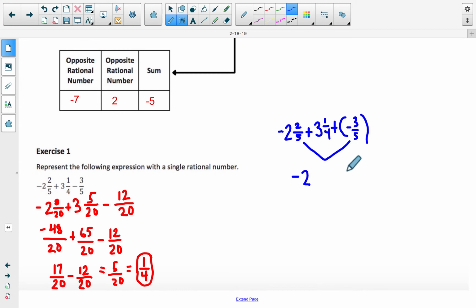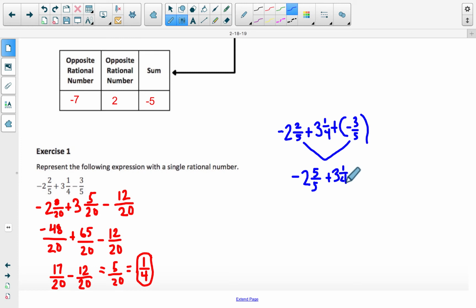So this entire number, the 2/5 and the 3/5, gets the 5/5, which we're going to rewrite in a second. But I added these two fractional parts. I got 5/5, and two negatives add together, and they're going to remain negative. Now, I still have, in this case, plus the 3 1/4. That doesn't go away. It is still there. You can't just drop numbers unless you do something with them.